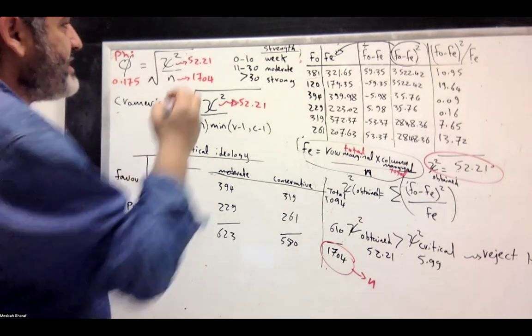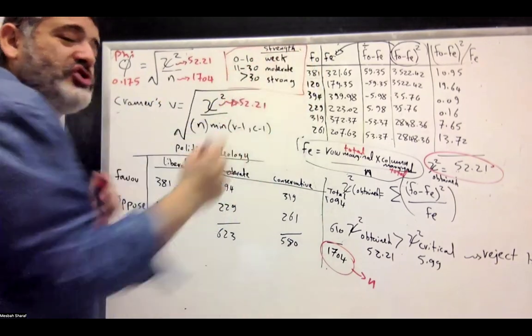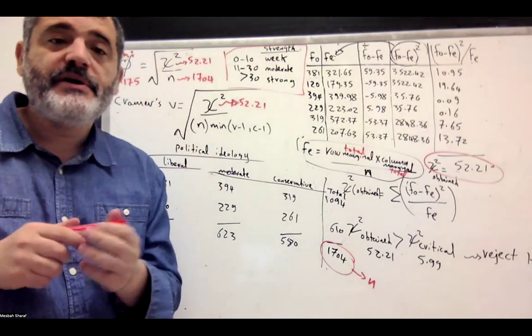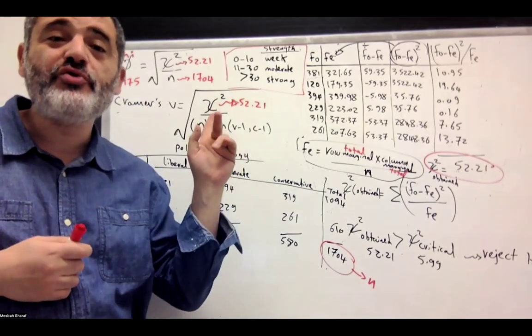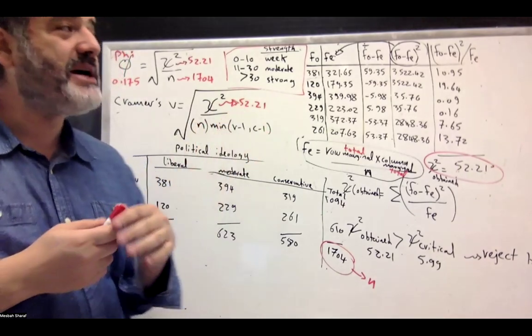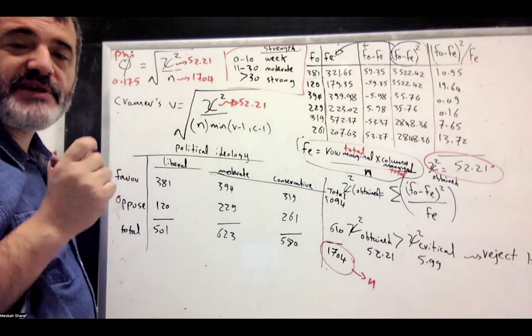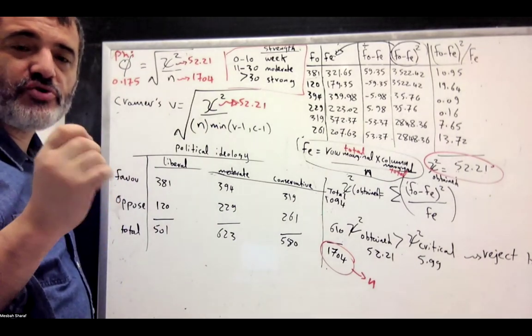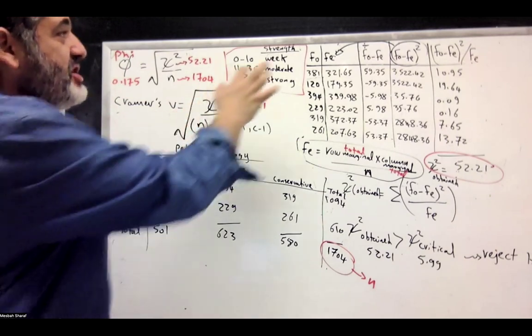Here there is a threshold table that we use to determine how strong the association is. You need to remember that table; it is not going to be given in the formula sheet. If the measure is from 0 to 0.10, the association is weak.